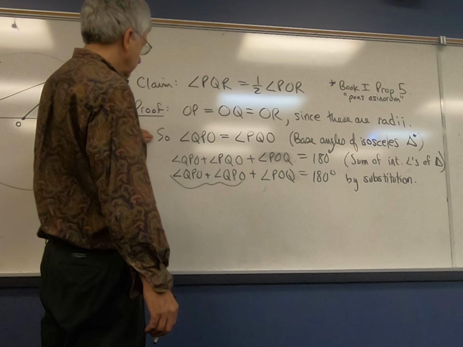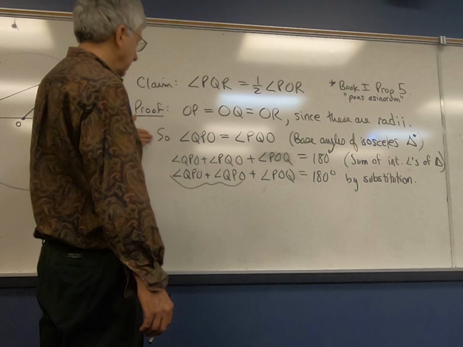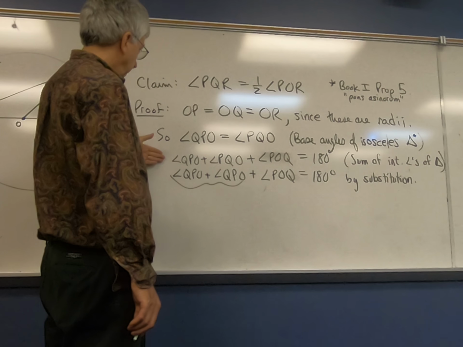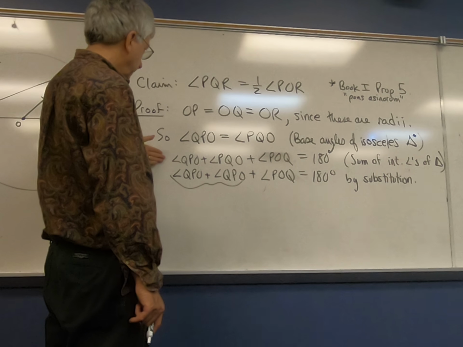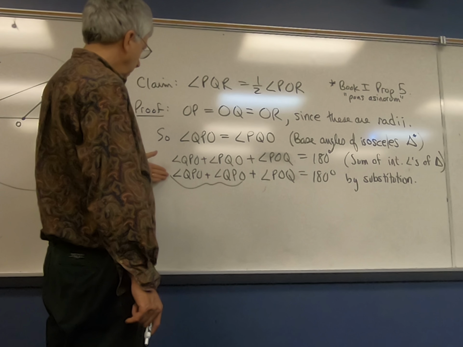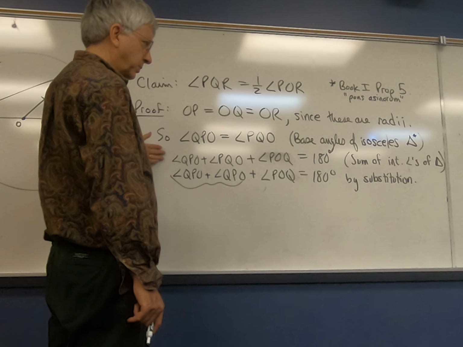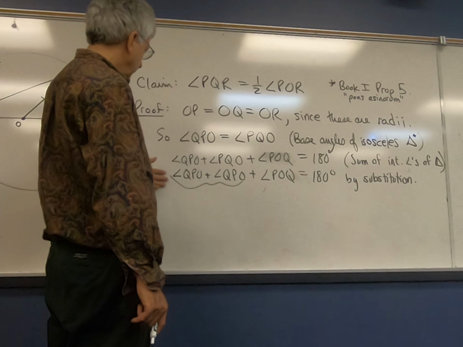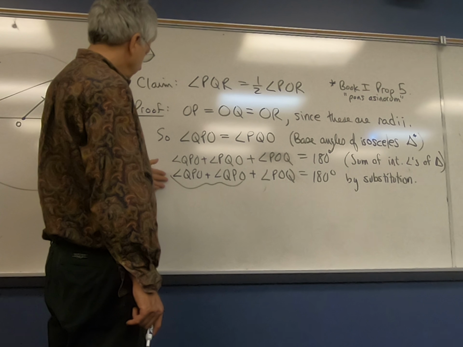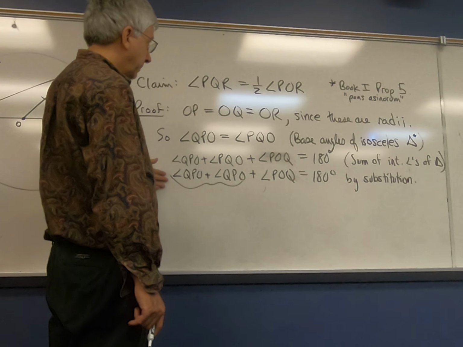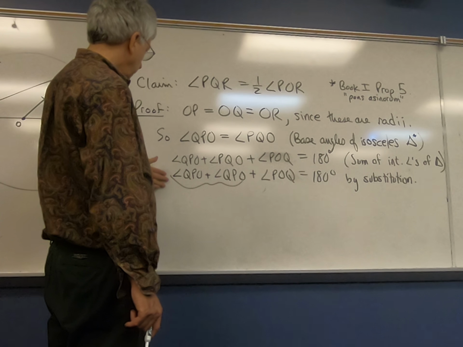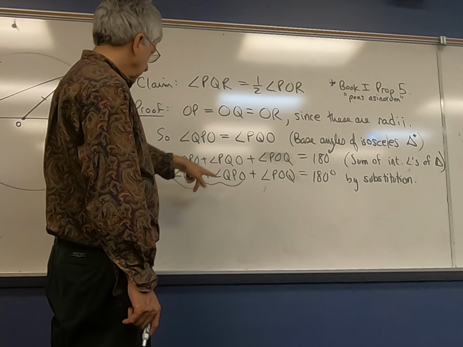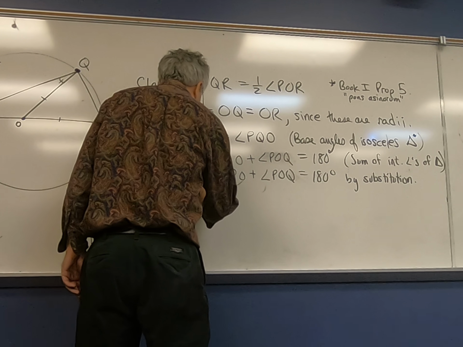We know the base angles of an isosceles triangle are congruent, Pons Asinorum, and we know the sum of the interior angles must be 180. That's also a theorem from Euclid somewhere, a proposition, if you like, theorem, proposition, same thing. And we can do substitution, and we can combine like terms.